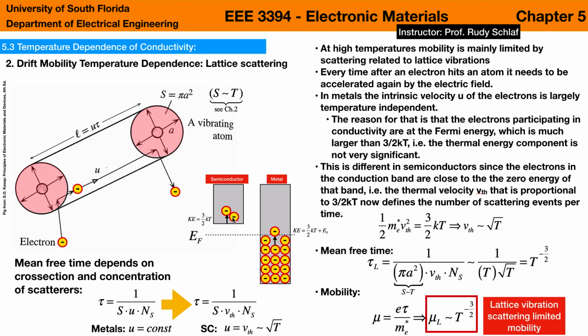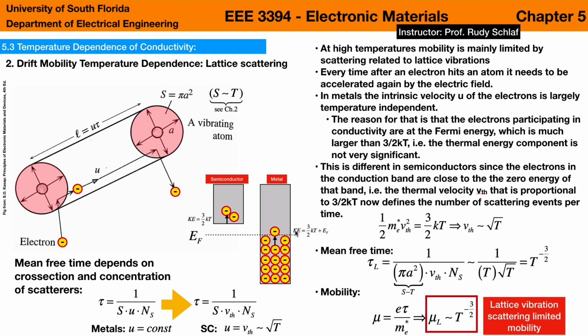In semiconductors it's different because the electrons that participate in conductivity are at the bottom of the conduction band, and that means they have very little energy except what they get from the temperature. And so that means that the velocity of the electrons in semiconductors is essentially proportional to 3/2 kT, their thermal energy, while in metals it is the Fermi energy plus 3/2 kT, and 3/2 kT is much smaller than E_F.